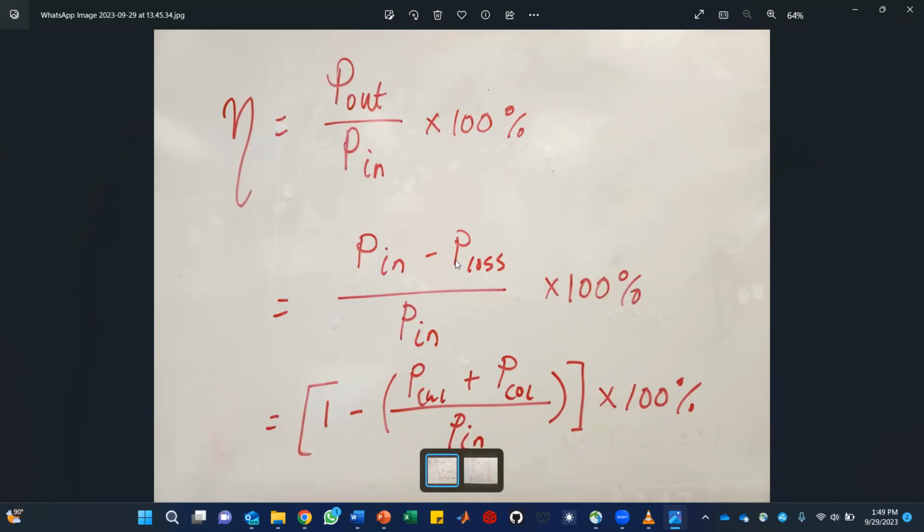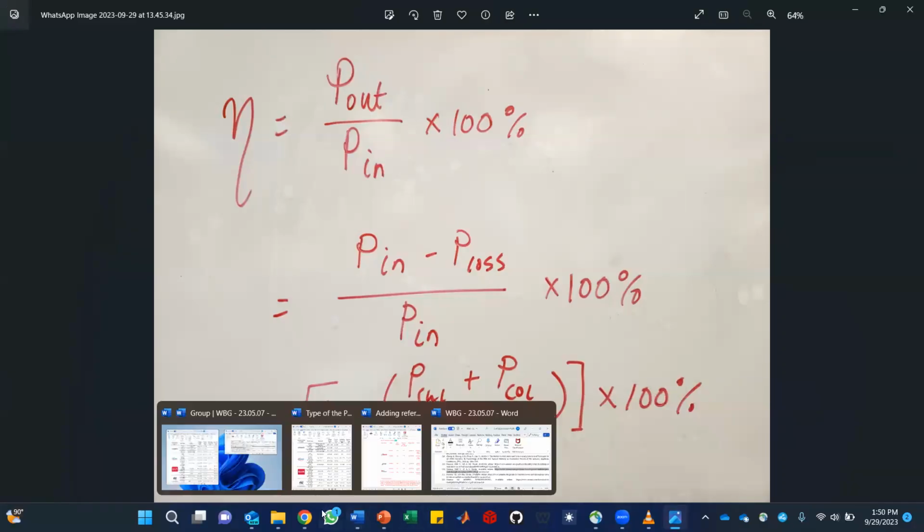And for a transformer, in our case a single phase transformer, power losses are normally copper loss and core loss. We have already learned this. So for this experiment, we are going to use the first formula, which is power output over power input times 100.